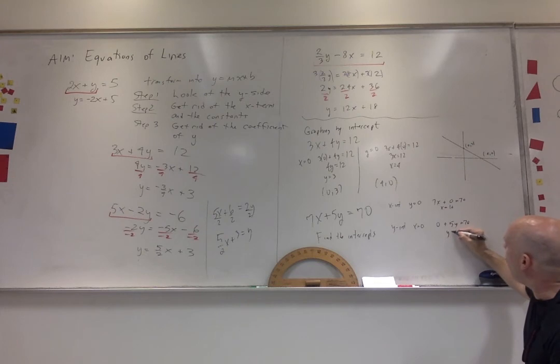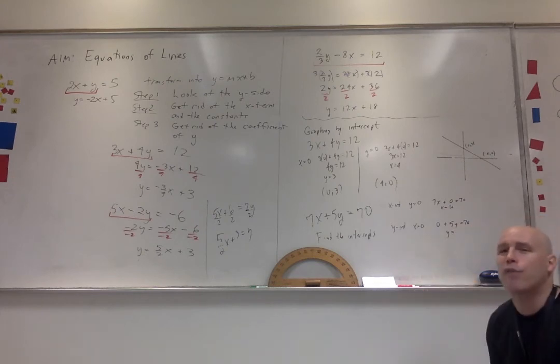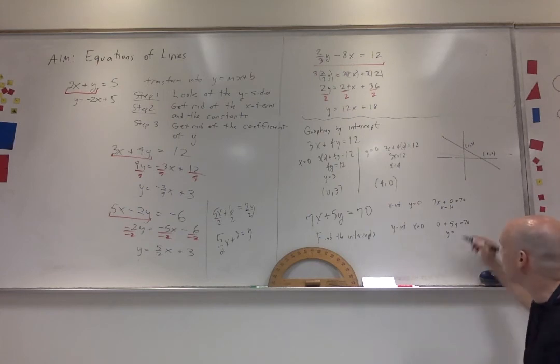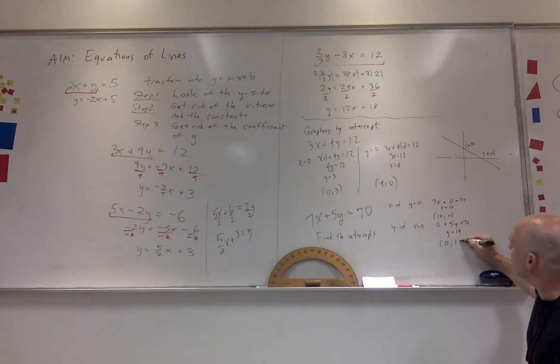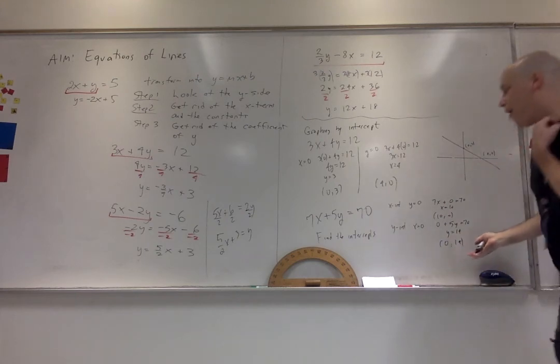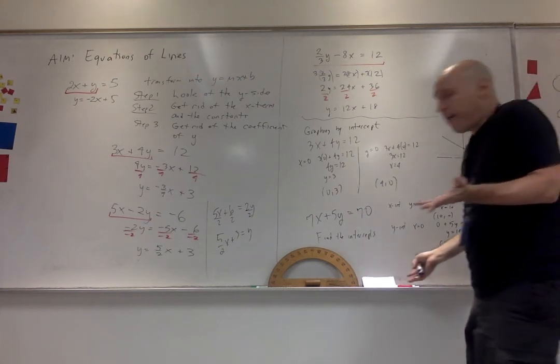I know that 5 goes into 35 7 times. So that means I know that 5 goes into 70 14 times. And so I have my two intercepts, (10, 0) and (0, 14). And you can make a sketch, or you can check it.